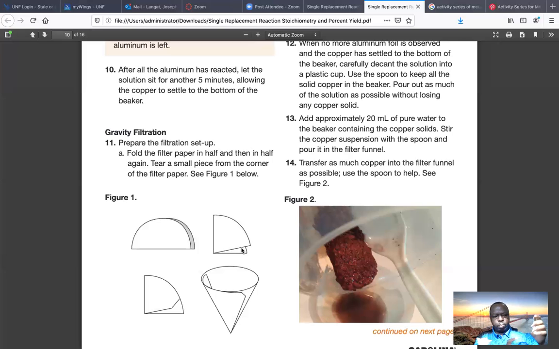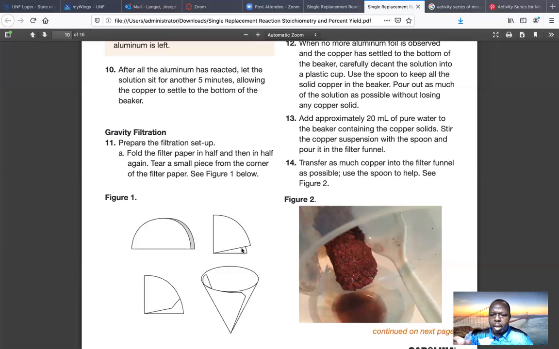With your solid copper here, you want to filter it through gravity filtration until everything is transferred quantitatively. You can use the pipette. You squeeze water here to wash it. If I have DI water or just water, I'm going to use the pipette.